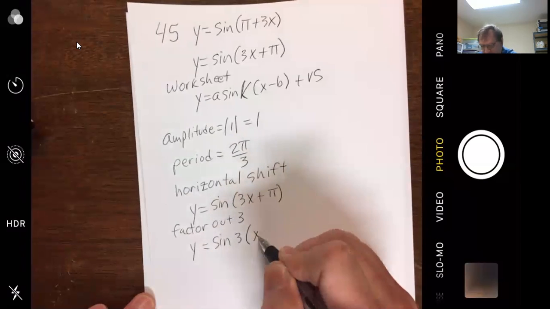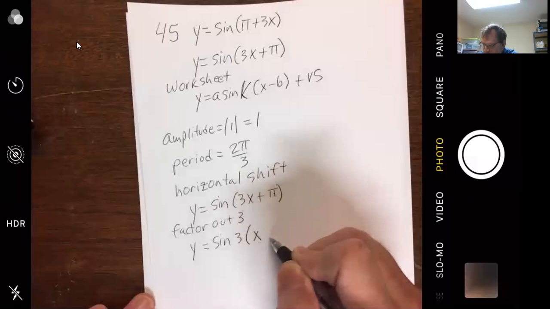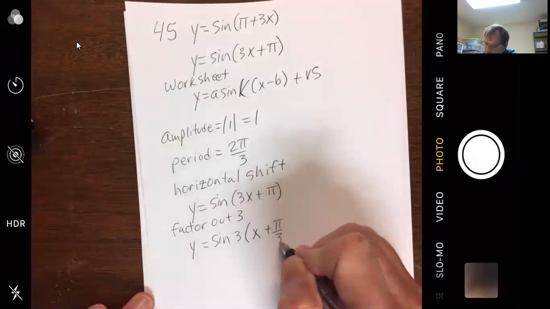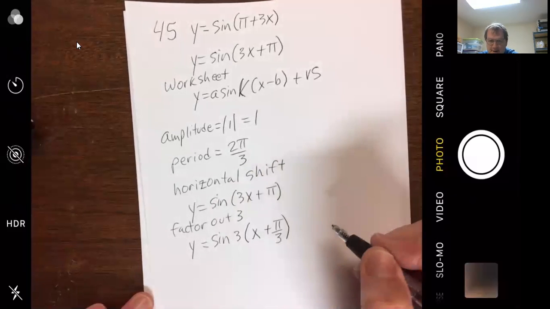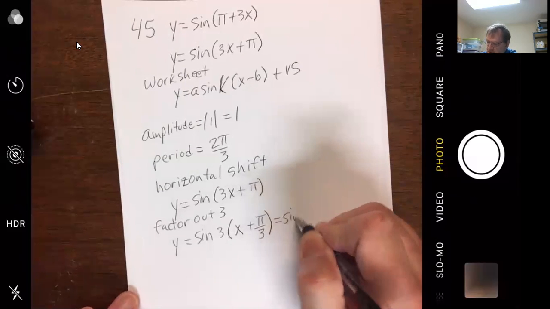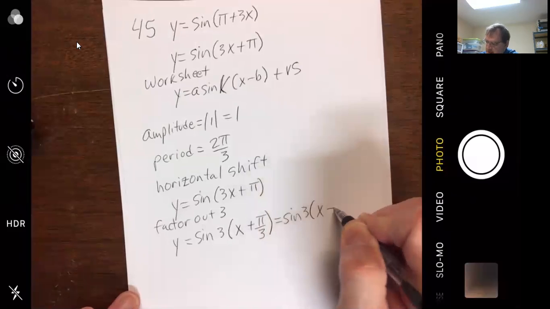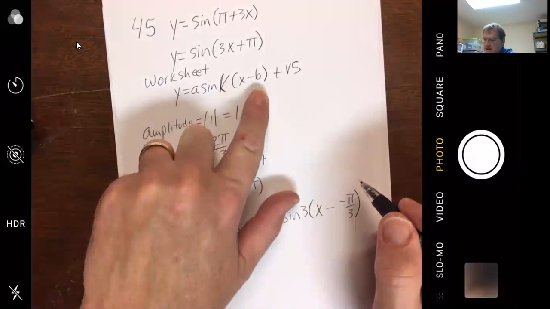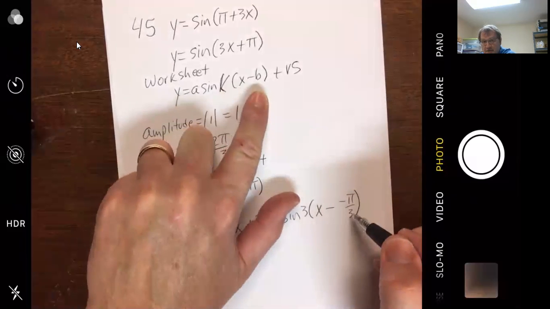So there's your 3x. But it can't be plus pi. That would give you a 3 pi when you multiply it back. It's pi over 3. And if you really want to make it obvious, make it sine of 3 and then x minus a negative pi over 3. See, so x minus b, x minus negative pi over 3.